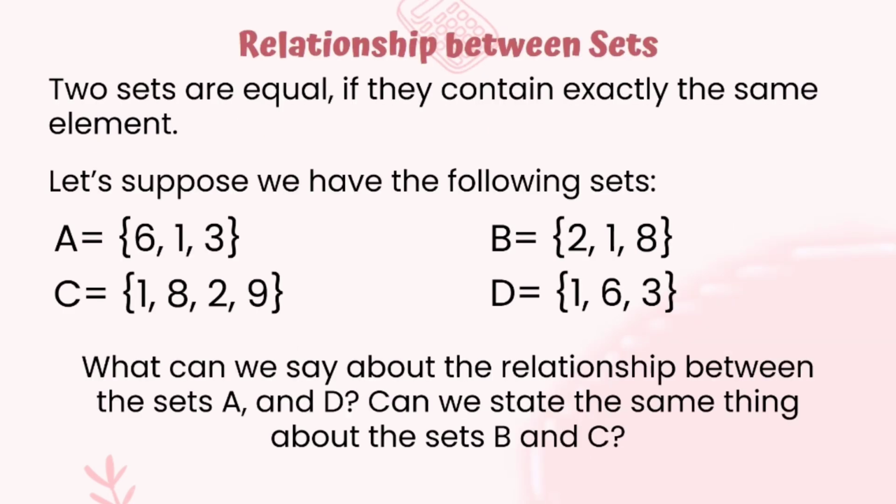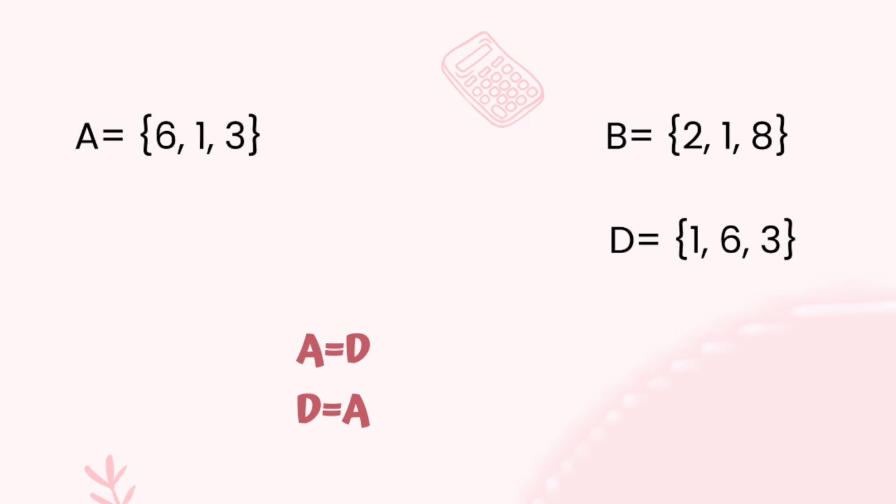Now, the next question is, can we state the same thing about the sets B and C? Let's look at B and C. We have 2, 1, and 8 in B, and over here in C, I have 1, 8, 2, and 9. So we can say that B does not equal C, and the reason is that set C has an element, 9, that B does not have.